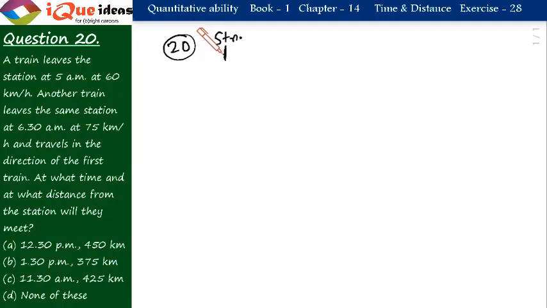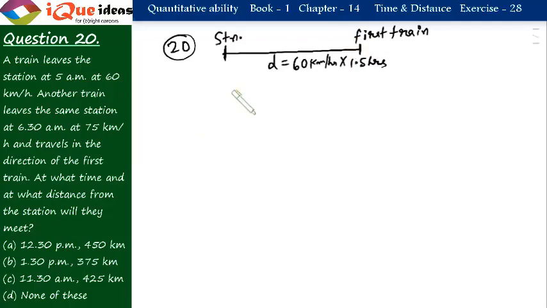Let's try to find the location of the first train at 6:30 a.m. By 6:30 a.m. the first train has traveled this much distance, right? So this distance D must be equal to the speed of the first train, that is 60 kilometers per hour, into the time, that is 1.5 hours, right?